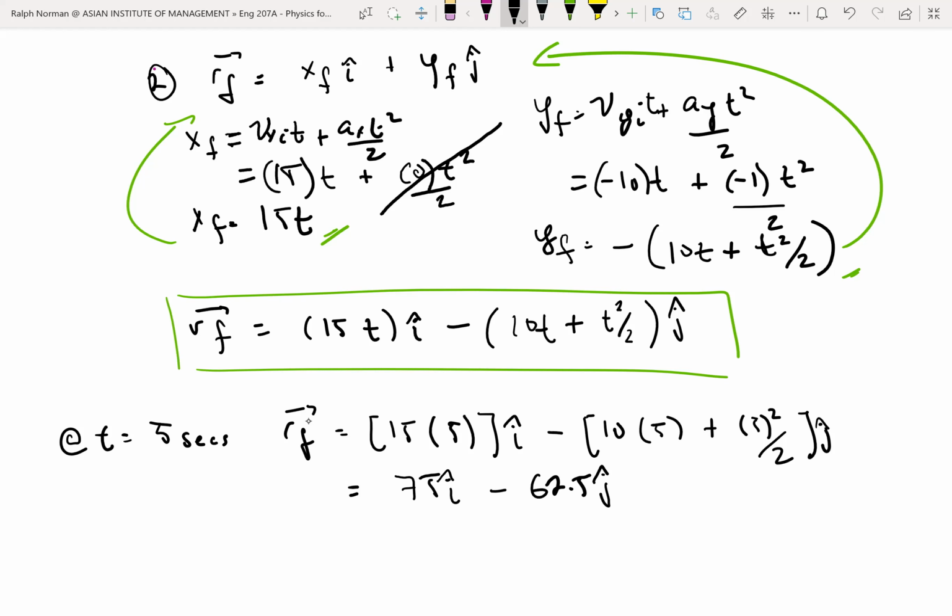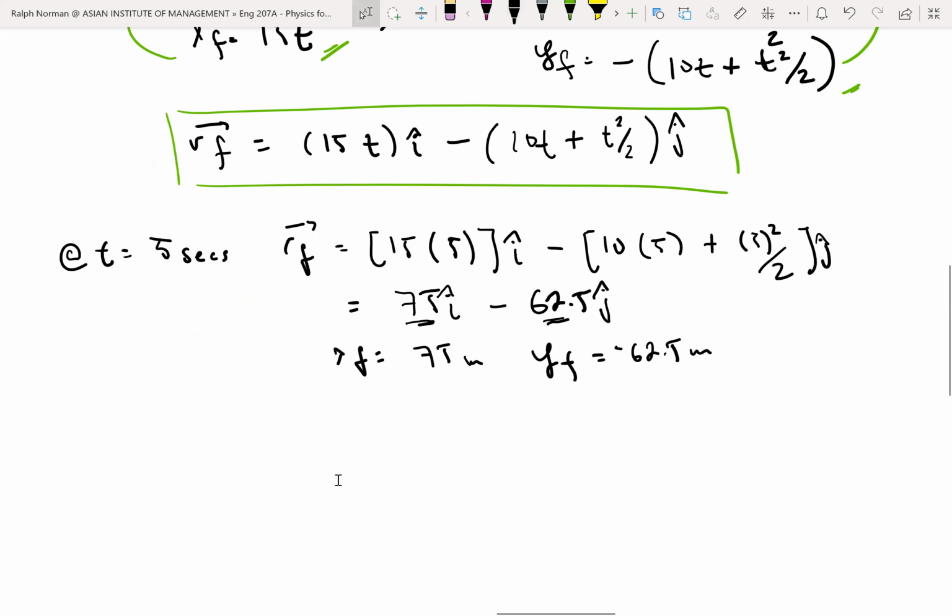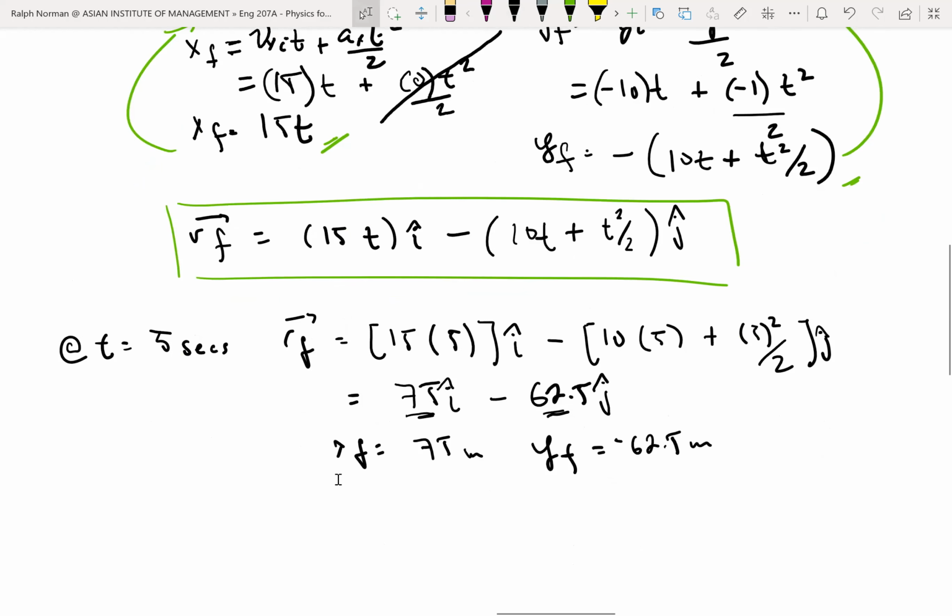And here, you know now yung displacement nyo at the x and y, no? So you have this and this. Essentially, you had your xf nyo at 75 meters and yung vertical displacement mo at negative 62.5 meters. And from there, it just simply trigonometry na lang.